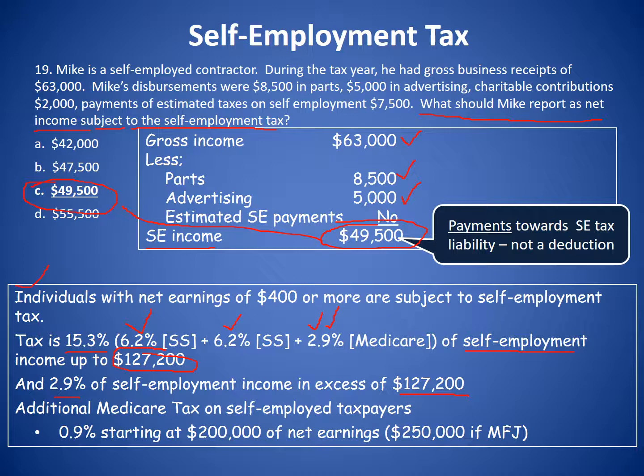Then after that, because of the Affordable Care Act, there is an additional Medicare tax on self-employed taxpayers of an additional 0.9% starting at $200,000 of net earnings, or $250,000 if you're married filing jointly. Okay, let's take a look at number 20 now.